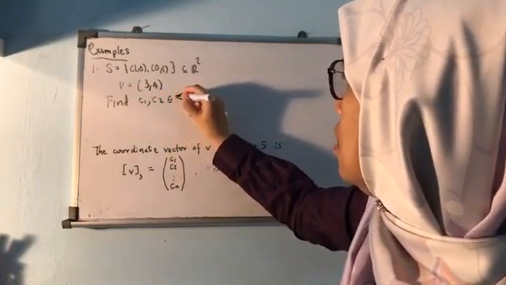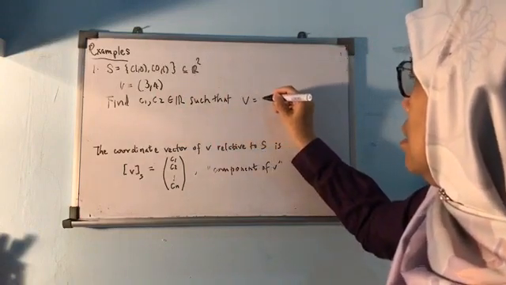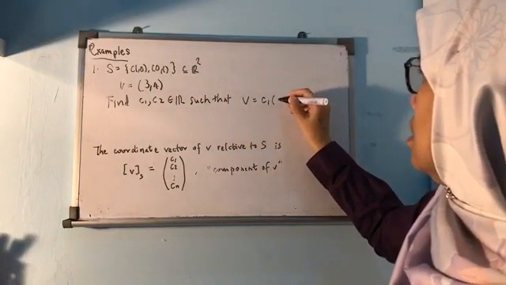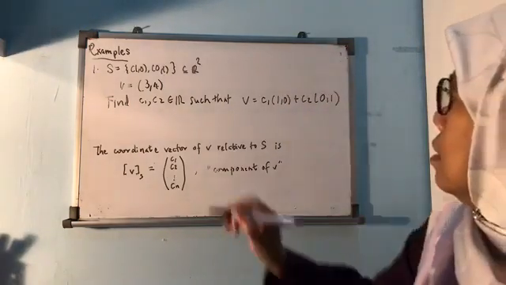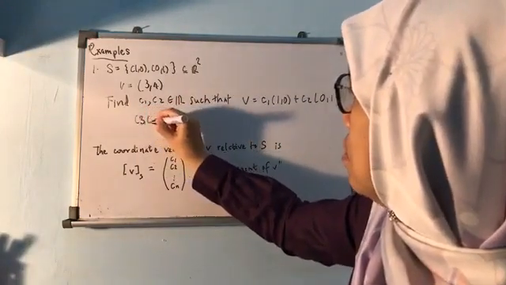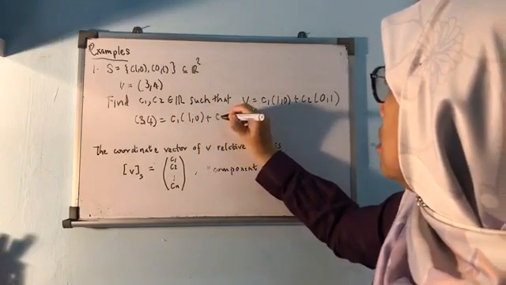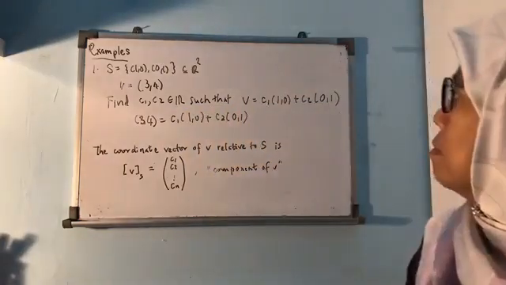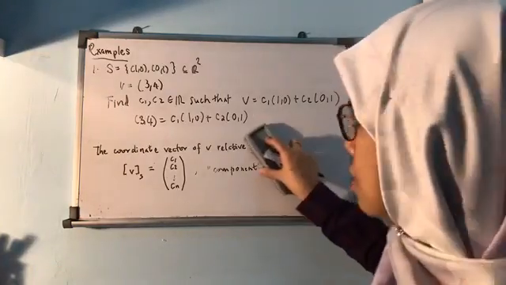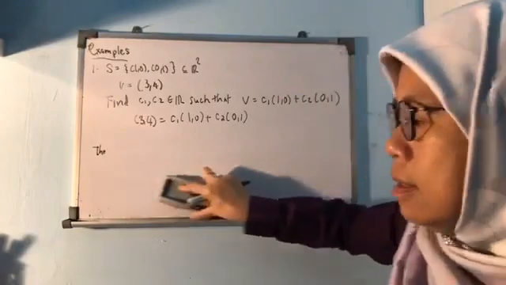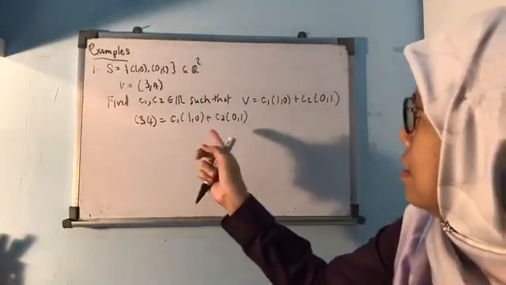c1, c2 in R such that v is c1(1,0) plus c2(0,1). So (3,4) is c1(1,0) plus c2(0,1). If you solve this, it is straightforward.